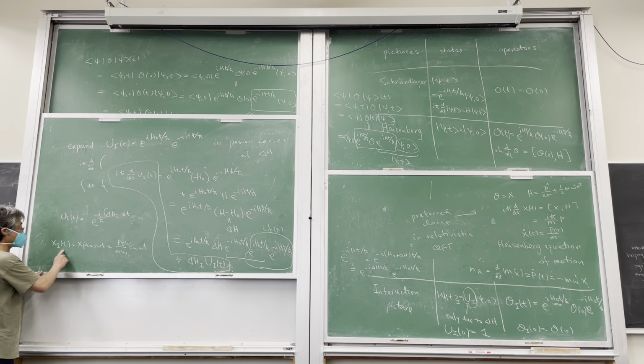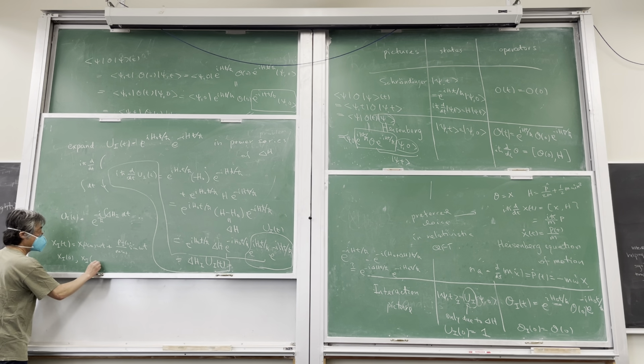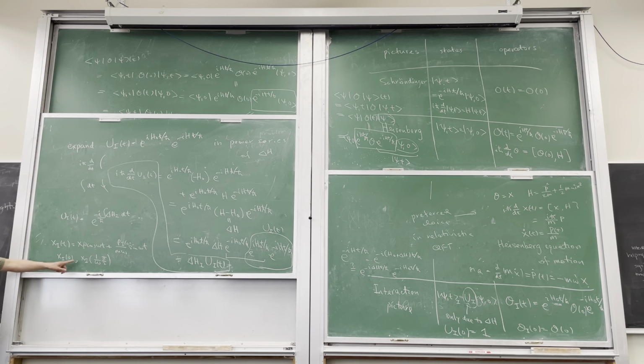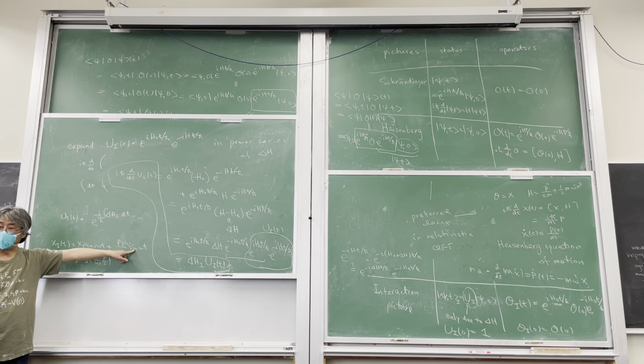For example, if you would particularly take xi equals 0, and xi at time 1 over omega pi over 2, then if you insert pi over 2 over omega, cosine of pi over 2 is 0, sine of pi over 2 is 1.